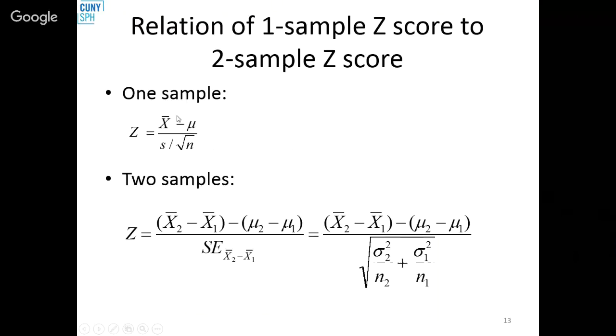Recall that for one sample, it was the sample mean minus the population mean divided by the standard error.